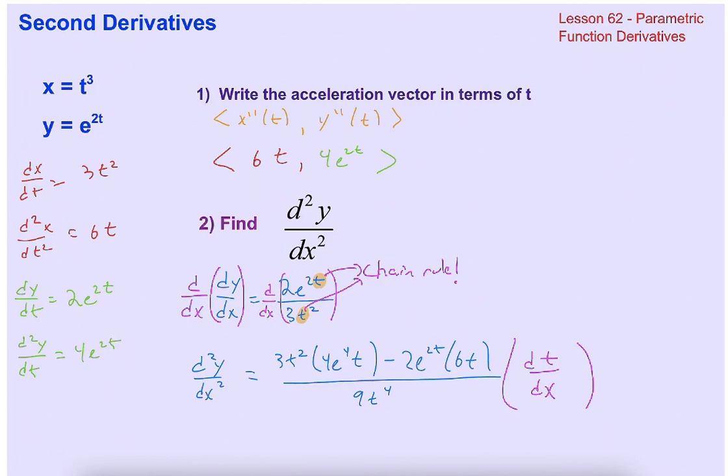No problem, right? It's not so hard to multiply by dt/dx. Except what is dt/dx? The rate of change of time with respect to x. That doesn't make a whole lot of sense. Luckily, there's a little trick here.